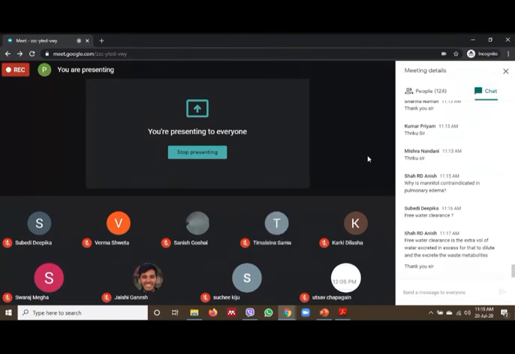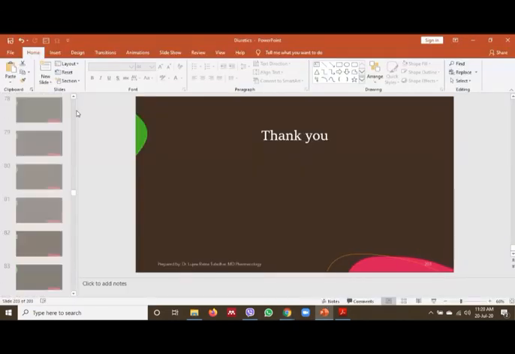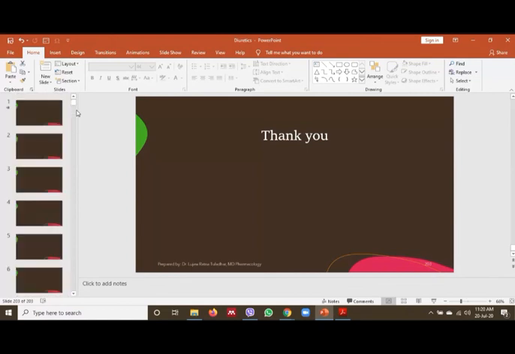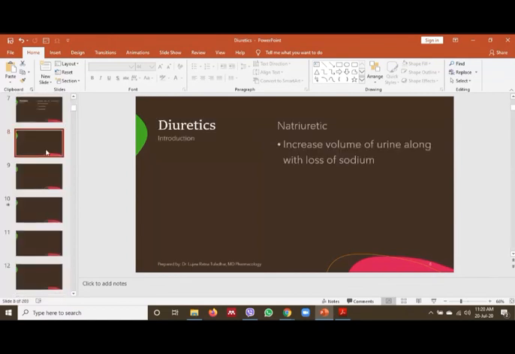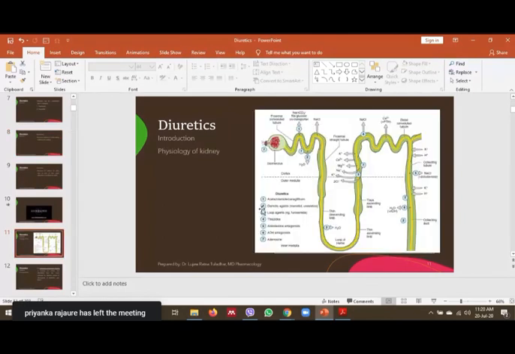If you see the slide, let me show you. Here you can see the water being absorbed, and here also you can see the water being absorbed. So this site is the site for free water absorption.